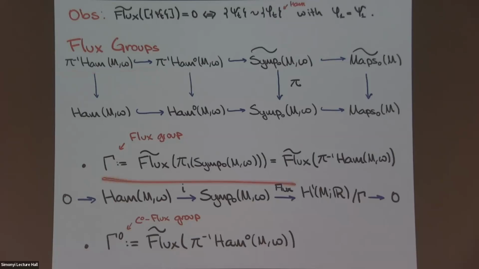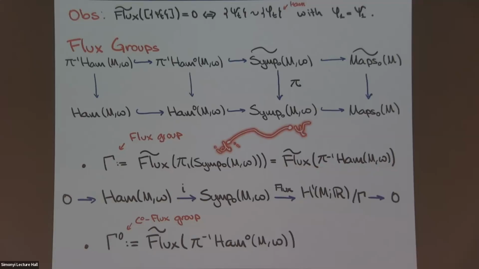So the flux group, these are again fluxes of loops of symplectic diffeomorphisms. And equivalently, it's given by the image of this, the preimage under pi of Ham, under the flux map. So why do we have this equivalence? Well, if you have a class in the preimage of Ham, then it's represented by a symplectic path whose endpoint is Hamiltonian.